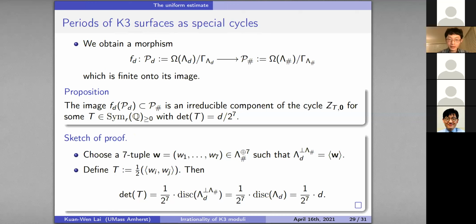But how do we get the estimate about P_D themselves? This is because this is a finite morphism, and the degree of this morphism can be controlled.